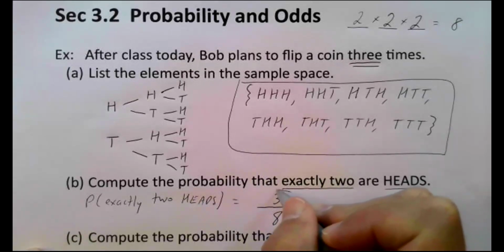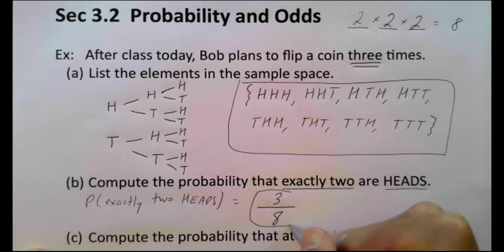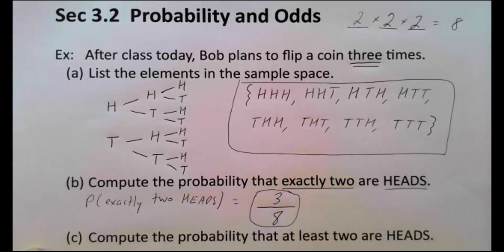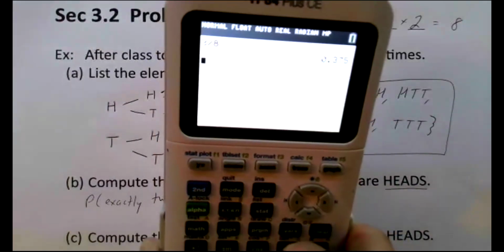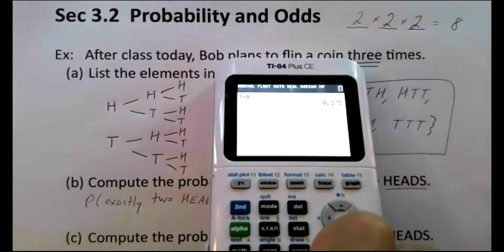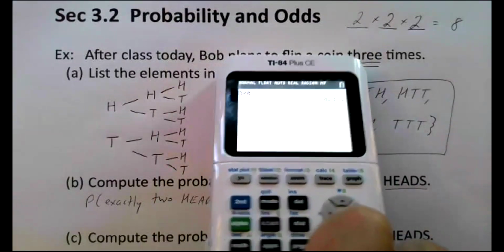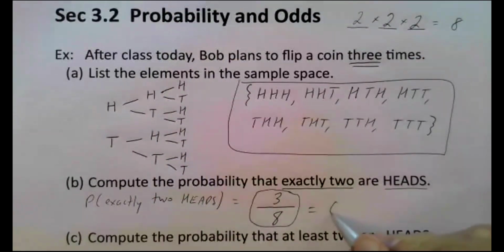If you are going to give an answer as a fraction, it must be reduced, and that is reduced. You could also give your answer as a decimal if you would like. On your calculator, I would do 3 divided by 8, and that should turn it into a decimal answer. 0.375 is what my calculator says.